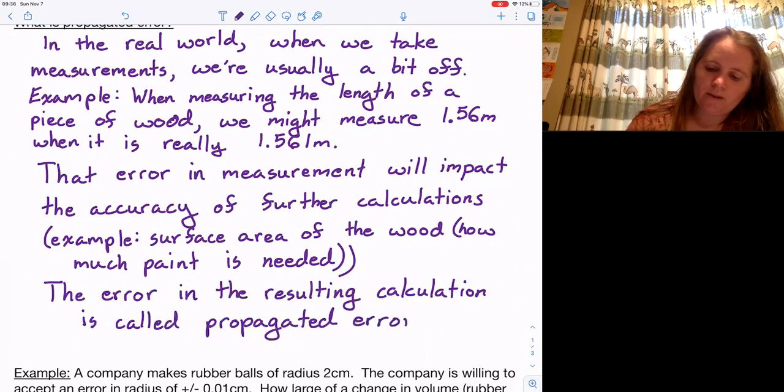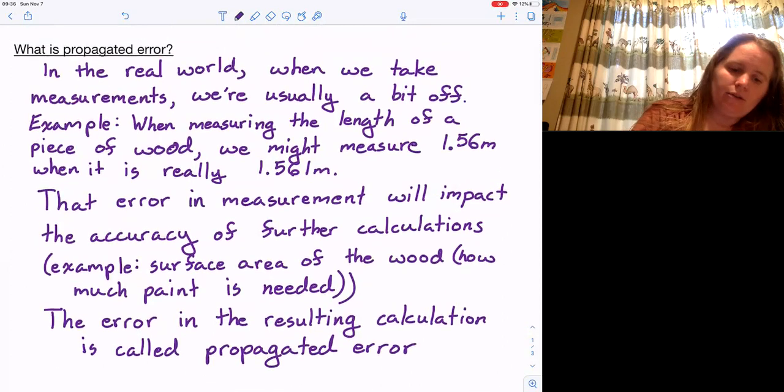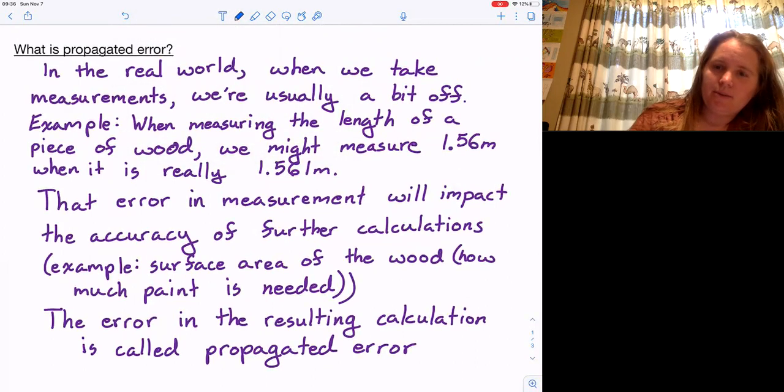So we can put this kind of in terms of differentials. So going back through what I've already written, here we'd be setting x equals 1.56 meters, and our change in x is 0.001 meters.